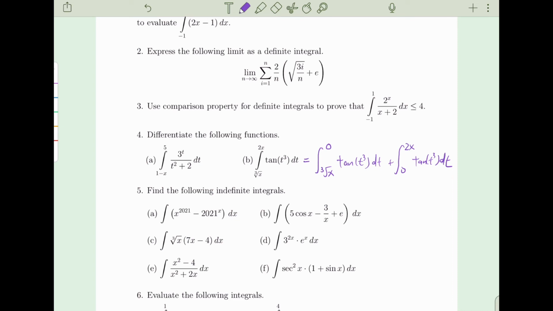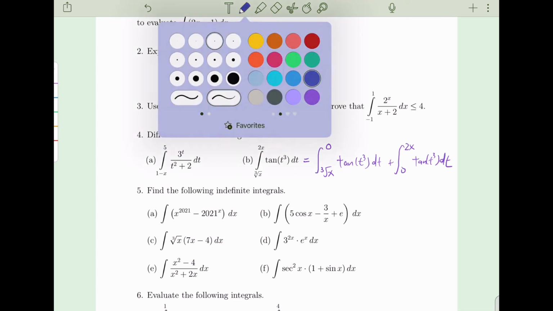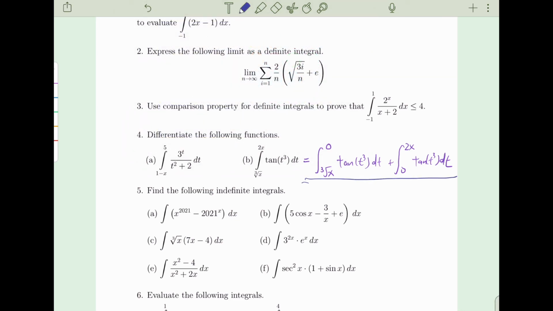After that, we treat this the same way we did for the previous question. Just follow the formula. Okay, so that is our question 4.